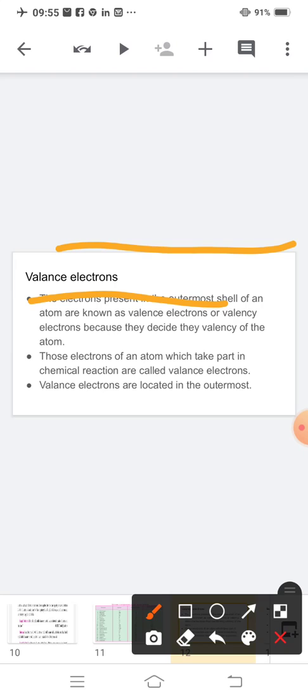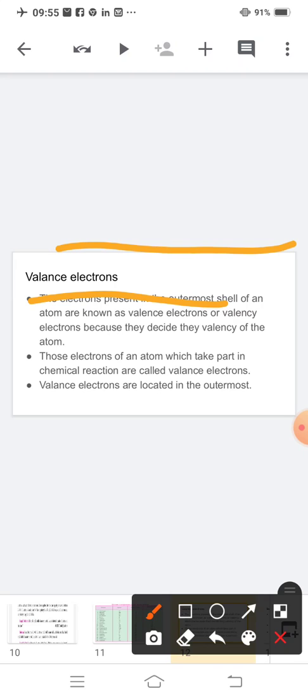Those electrons of an atom which take part in a chemical reaction are known as valence electrons.